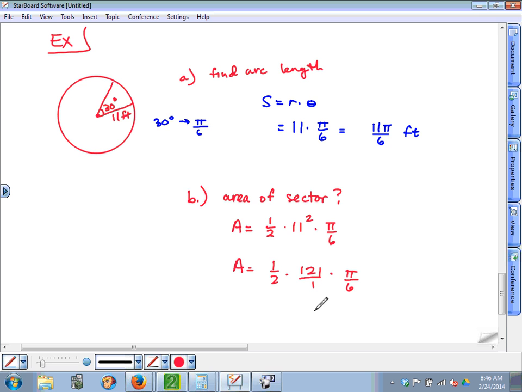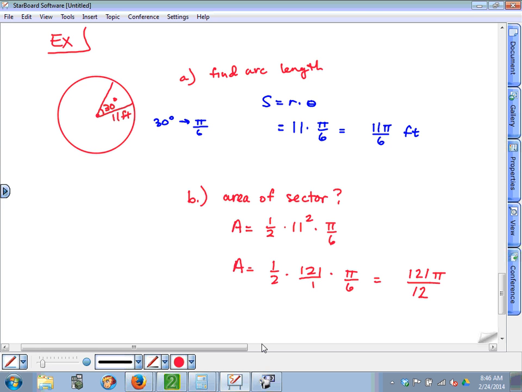How do you multiply fractions? Straight across, right? So it's 121 pi over 12. Then you have to figure out if 121 over 12 simplifies. Nothing goes into it, I think that's as far as it goes.